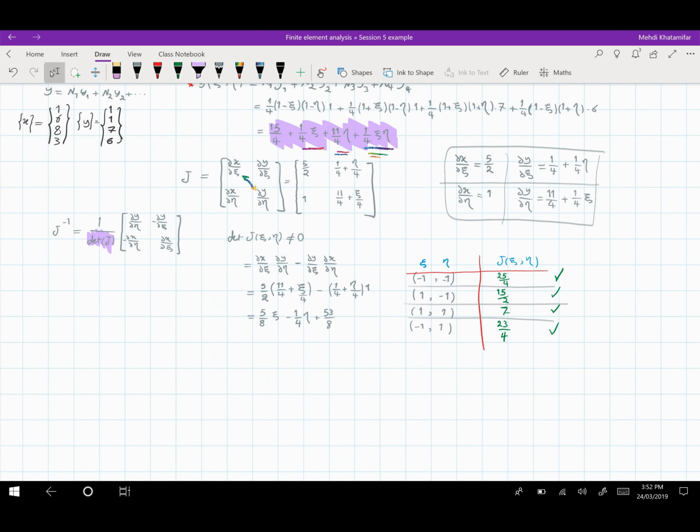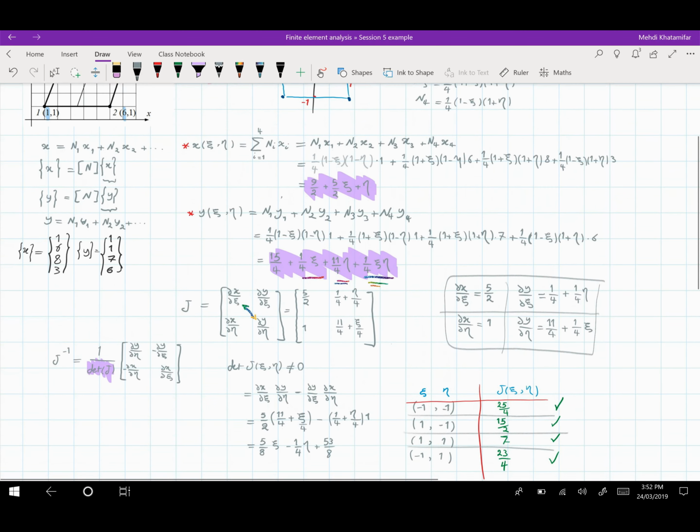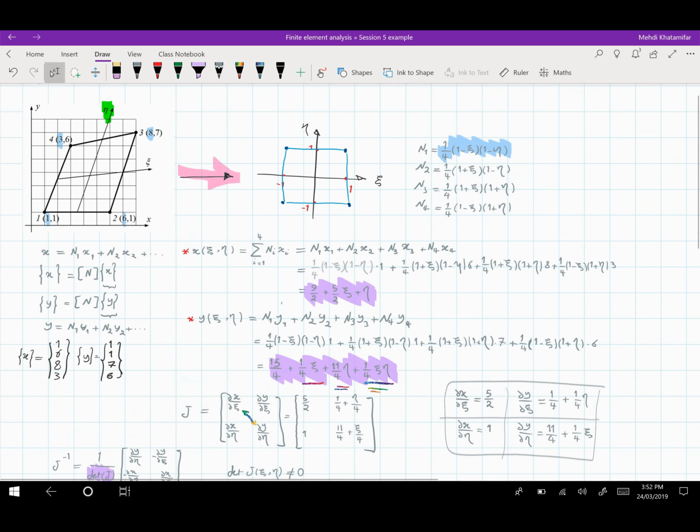So usually questions ask for the determinant at a specific point. For example, let's do it for a specific point. Let's find it for the center of our element. So the center of this element is going to be this point.